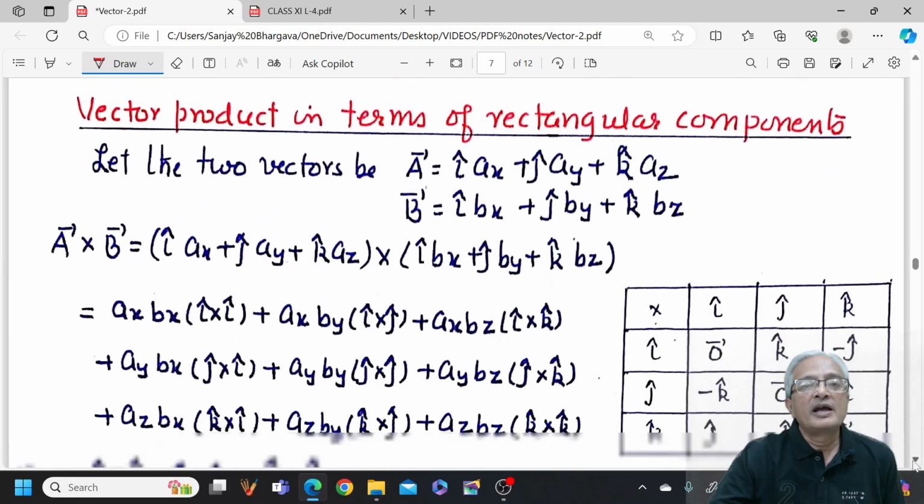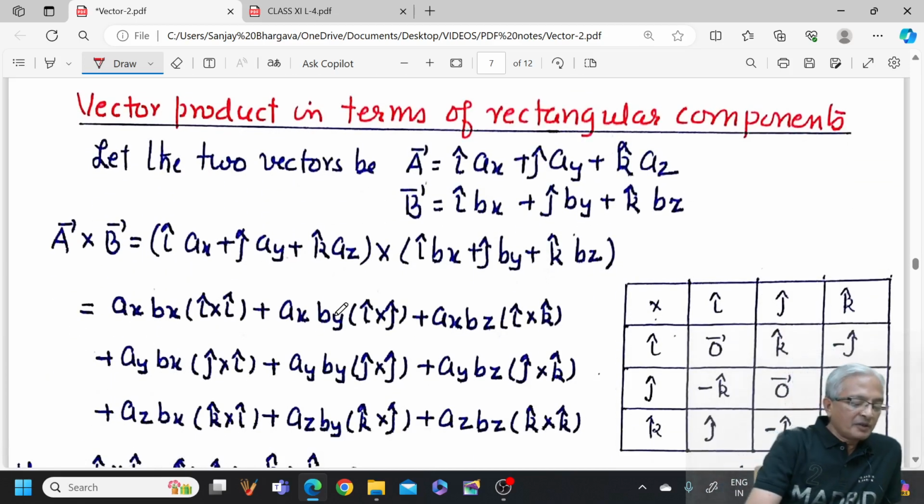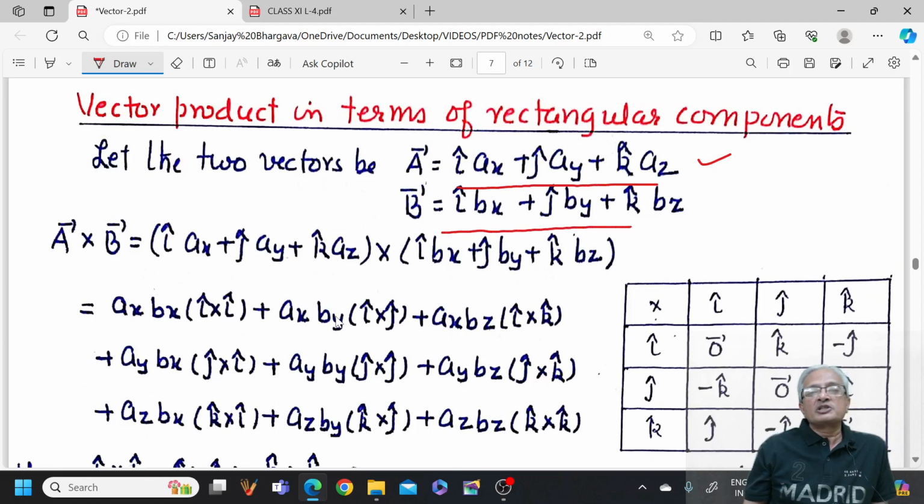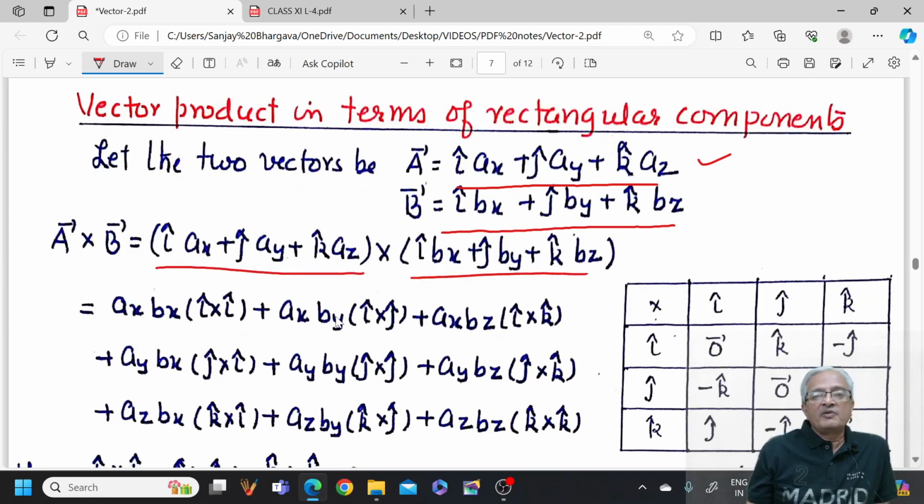Now let us calculate the vector product in terms of rectangular components, that is, in the Cartesian coordinate system. Let us select two vectors, A as i of Ax plus j of Ay plus k of Az, and B as i of Bx plus j of By plus k of Bz. A cross B can be written as A vector cross B vector.